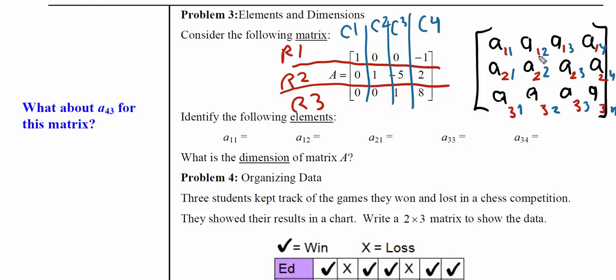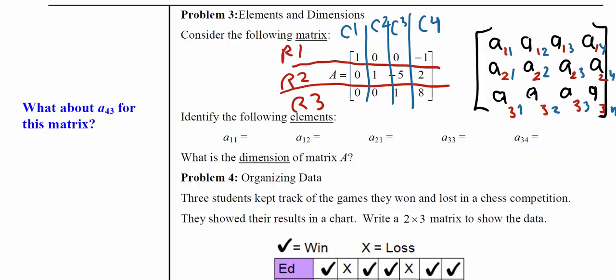This is row 1, column 2, row 1, column 3, row 1, column 4, makes up the whole first row. Okay, so all these little subscripts are pretty much like first name, last name, right? Row, column. Most impressive.